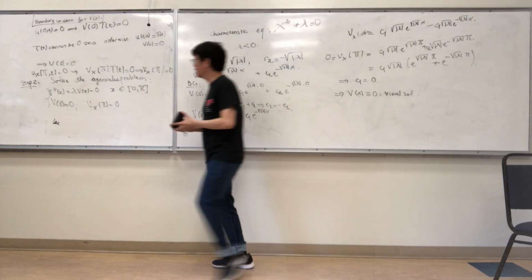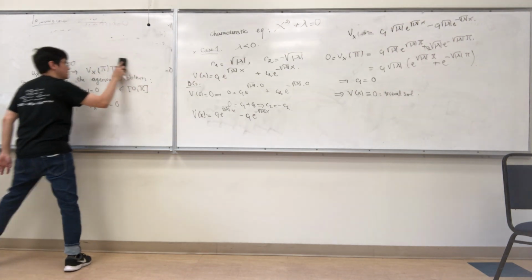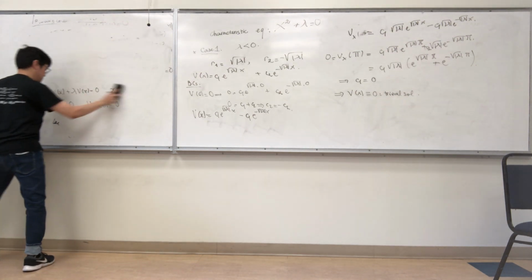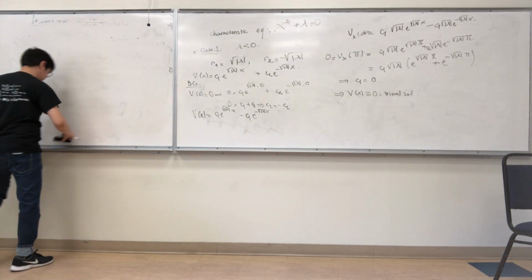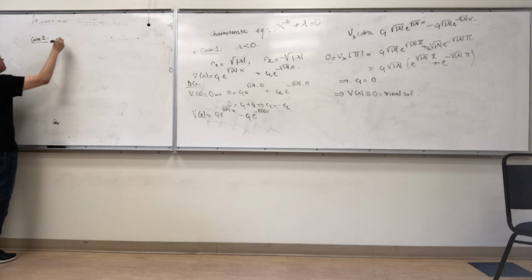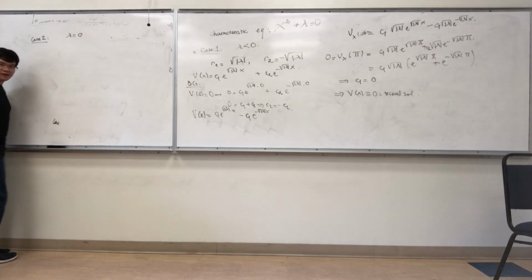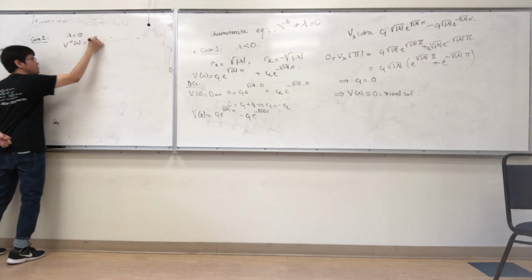It's good? So now let us go to the second case. Case number 2, lambda is 0. So when lambda is 0, you have V''(x) is 0.